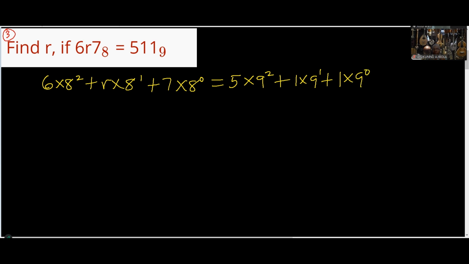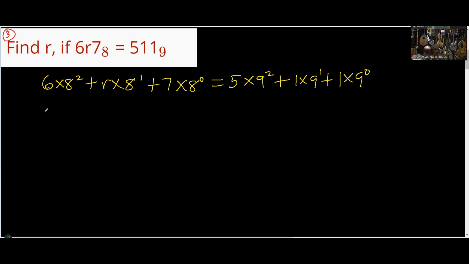So all of the digits here, these digits 6, r, and 7. This is 6, this is r, and this is 7. So we multiply all of them by the base, and this is 511. You can see this is 5, this is 1, and this is 1. Multiply them by the base and raise them to those powers based on the number of remaining digits.